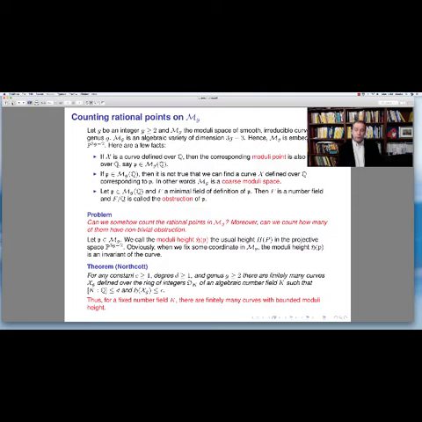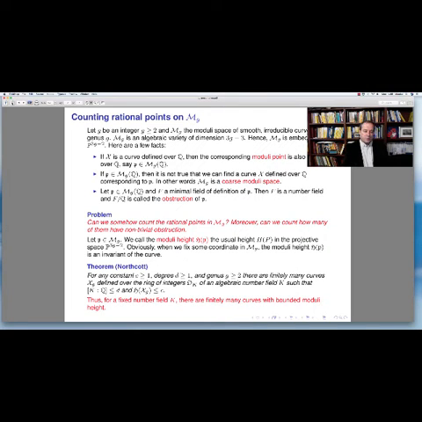If the moduli point is defined over the rationals, there is not necessarily a model of the curve defined over the rationals. In other words, the moduli space is not a fine moduli space. It's a coarse moduli space.